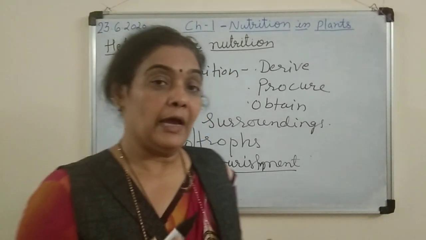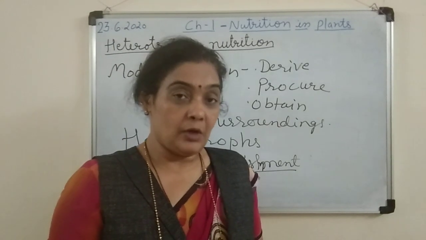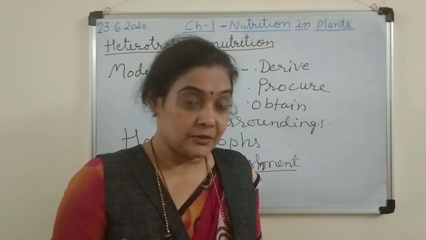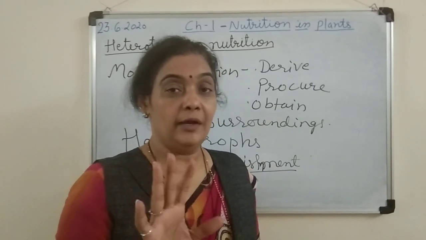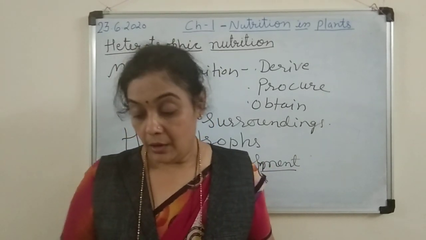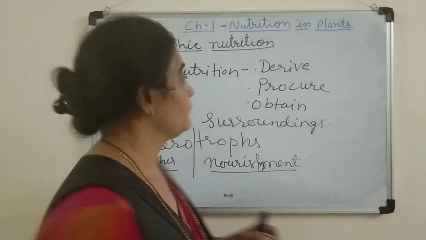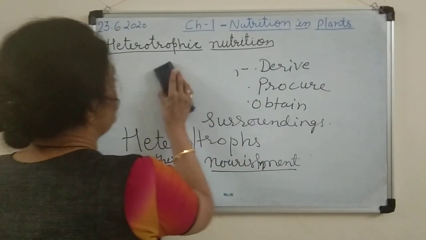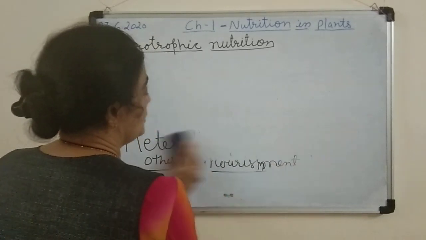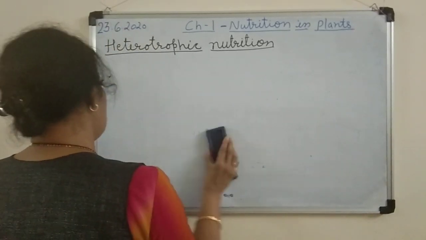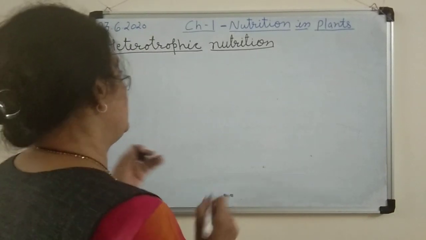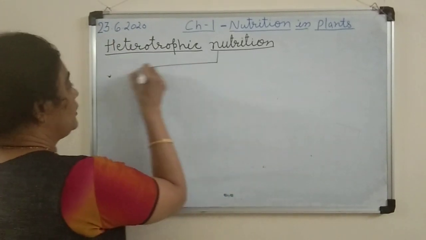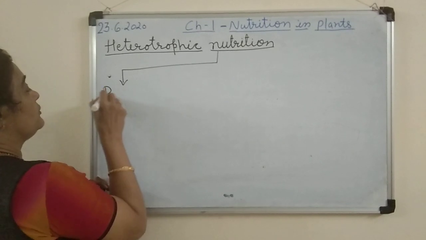Different organisms take nutrition by different methods. On that basis, heterotrophic plants are divided into 4 categories. These organisms take nutrition directly from the host, ready-made food.